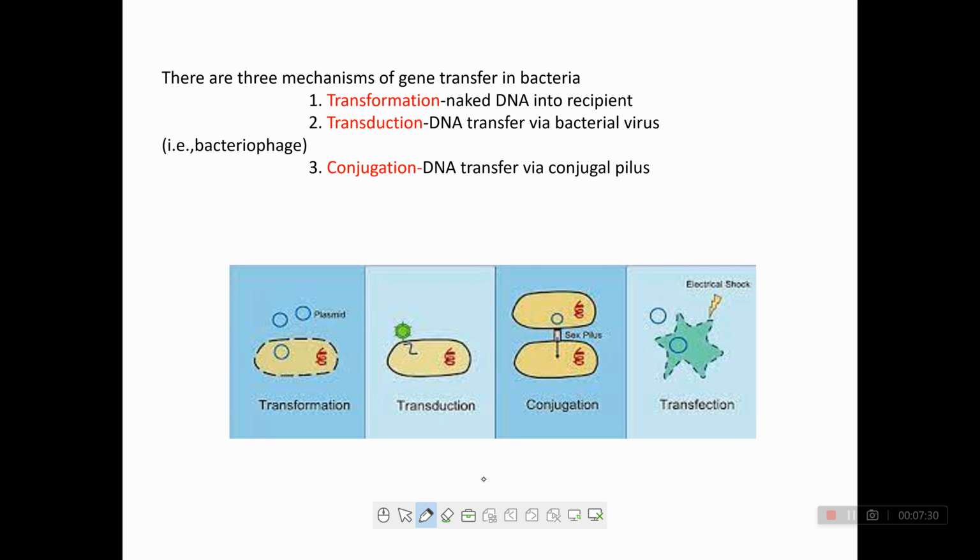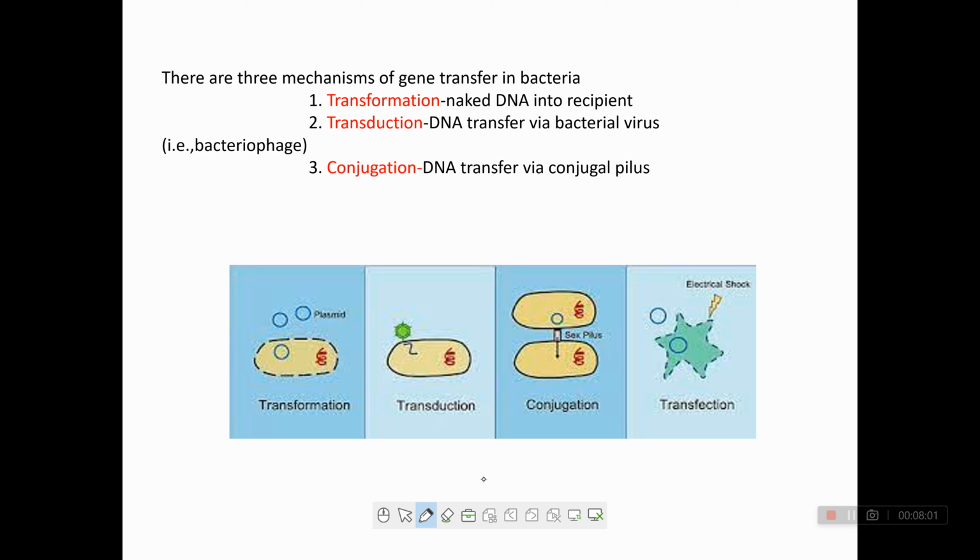What are the types of gene transfer? There are three mechanisms by which bacterial genes transfer from donor to recipient cells. First is transformation, second is transduction, and third is conjugation. In transformation, a naked piece of DNA is taken up by the bacterial cell.